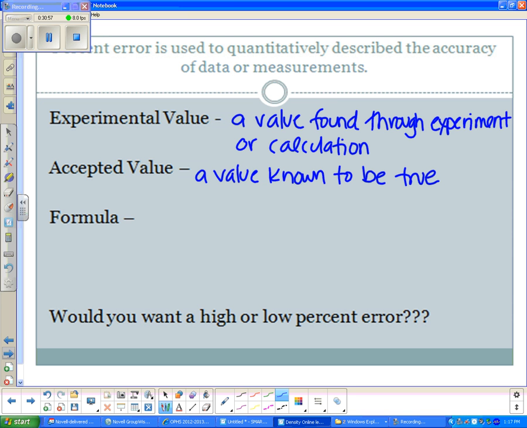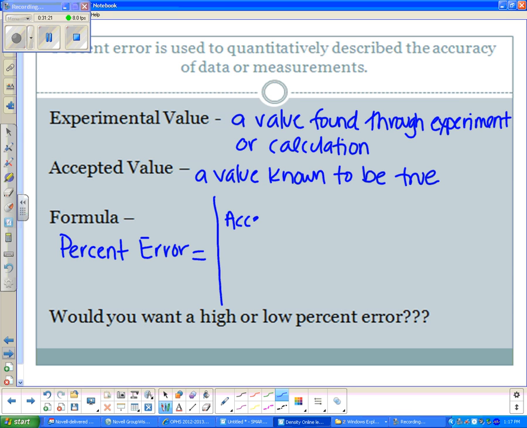Well, what we can do is take these two things, put them together, and calculate the percent error. And here's the formula. Percent error equals, and now we're going to put an absolute value bar here because our percent error is always a positive number.